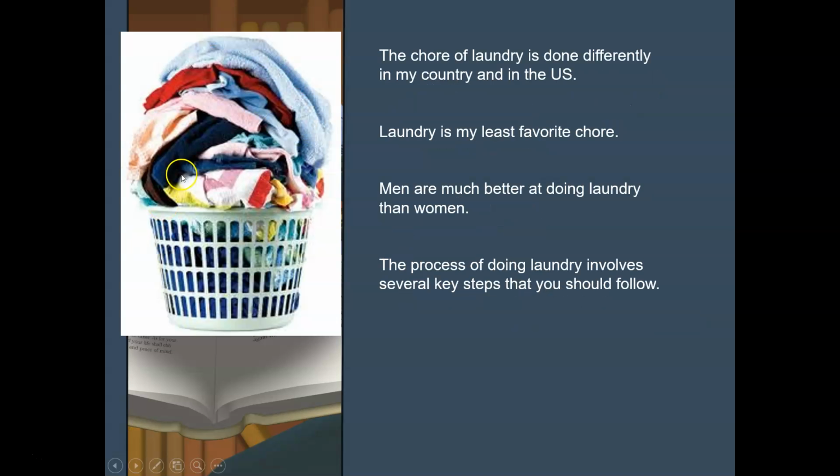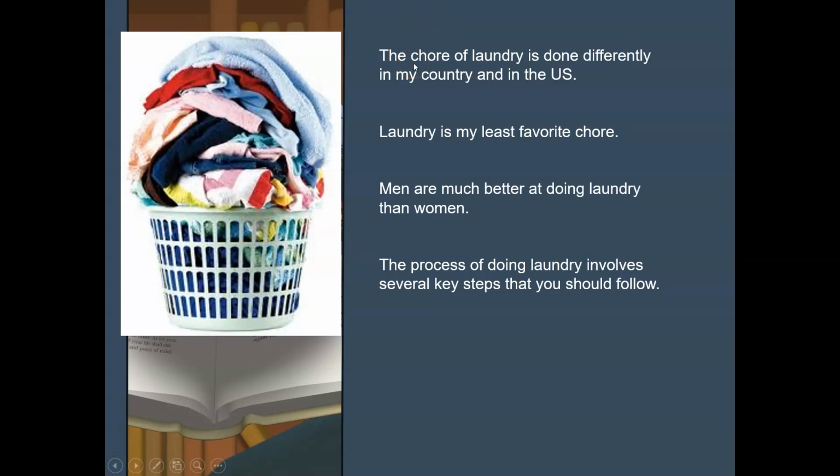So for the same topic like laundry, we could have many different controlling ideas. So all of these topic sentences are good topic sentences, and they're all about laundry, but only one of them reflects the controlling idea in the paragraph that I showed you. So, for example, if we say the chore of laundry is done differently in my country and in the U.S. Hopefully you know this word chore.